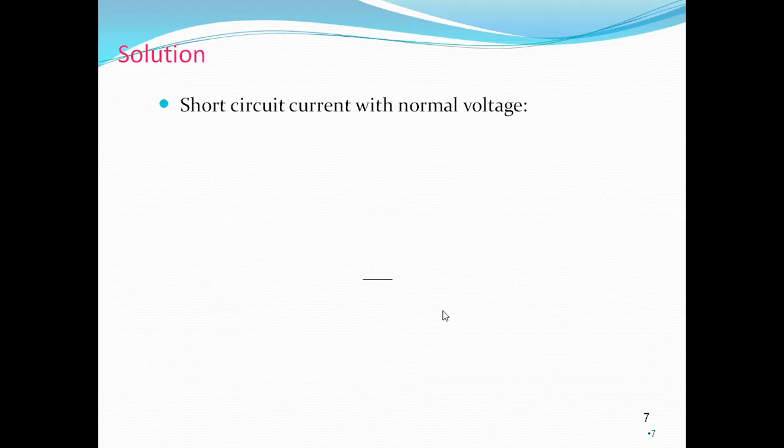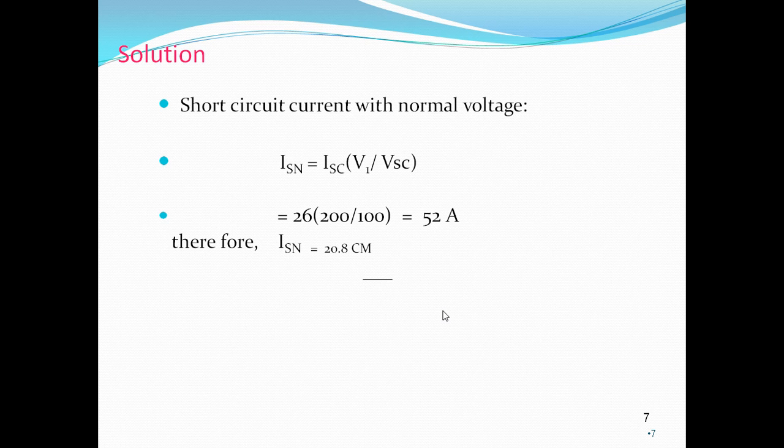Next we take the blocked rotor test. Here he has given ISC is equal to 26 amps at 100 volts. So first convert this current to 200 volts, that is short circuit current with normal voltage. ISN is equal to ISC into V1 by VS, that is 26 into 200 by 100, which is 52 amps.